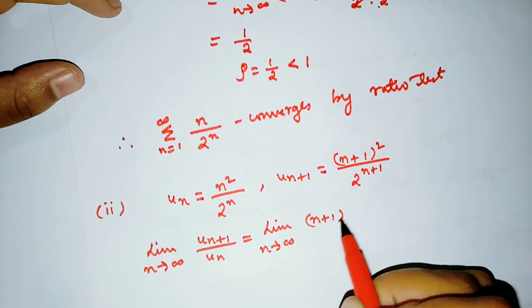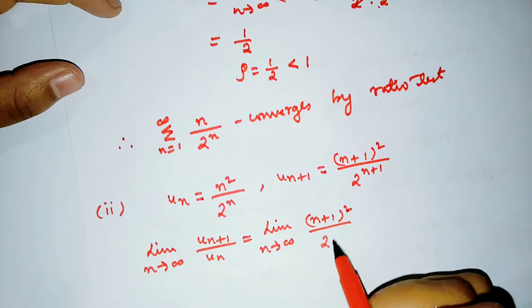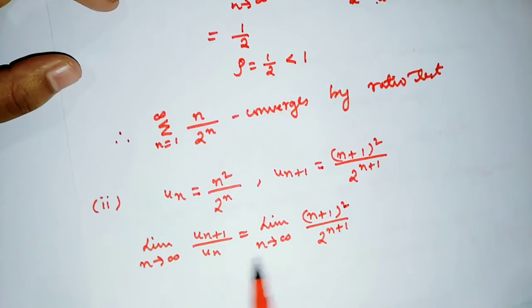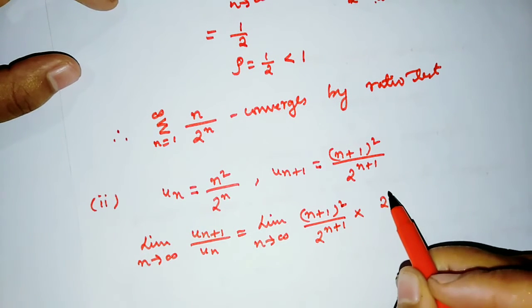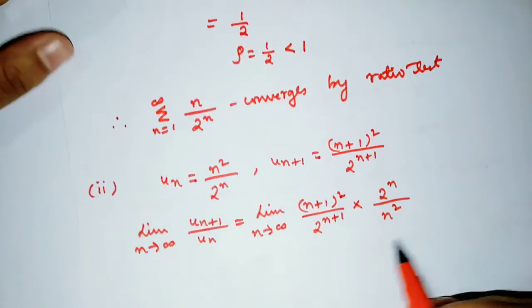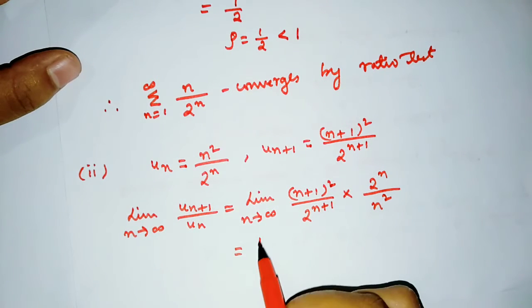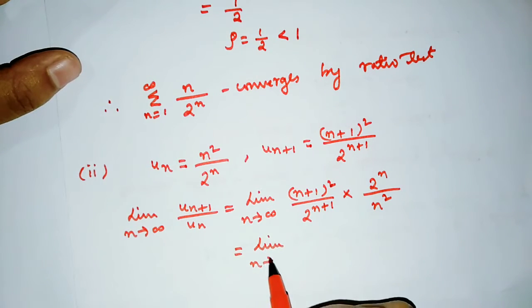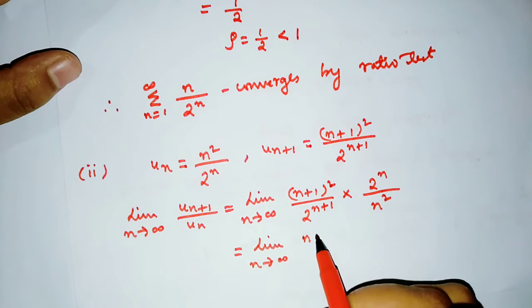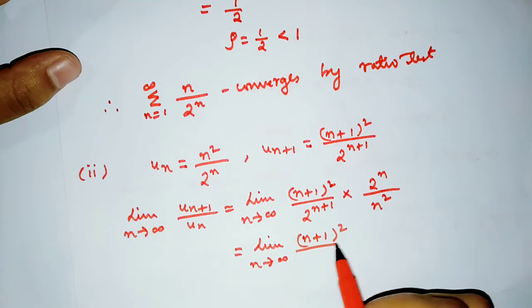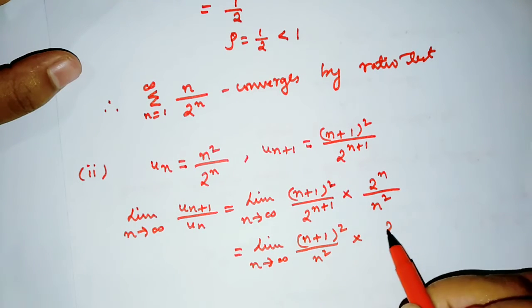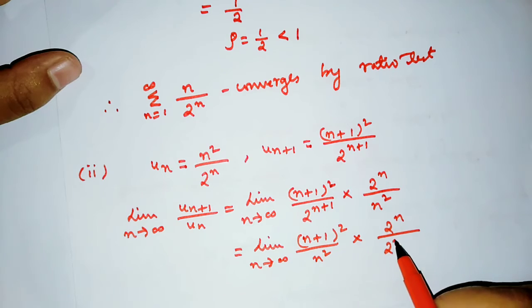N plus 1 whole thing square by 2 to the power n plus 1. When we divide by UN, we have 2 to the power n by n square. This one is equal to n plus 1 square by n square together, 2 to the power n by 2 to the power n plus 1.